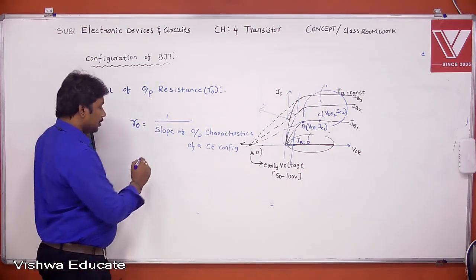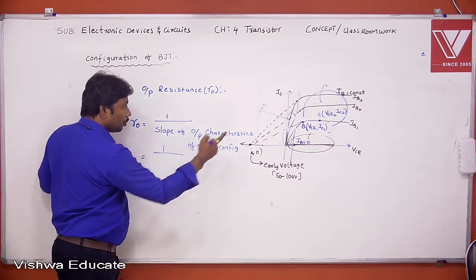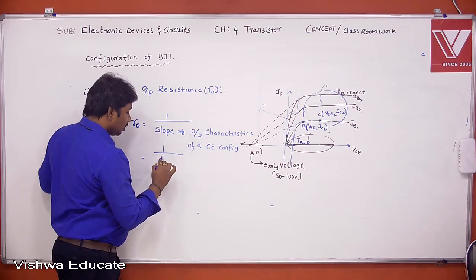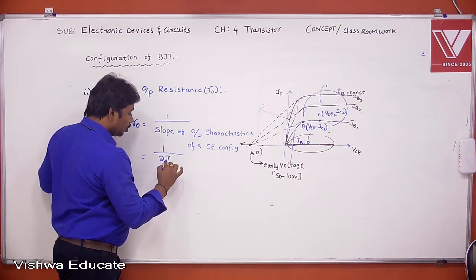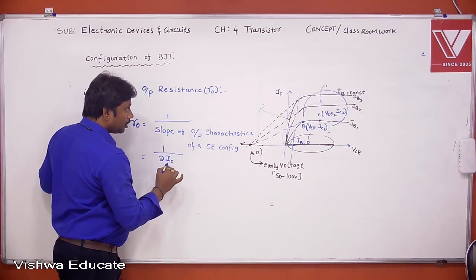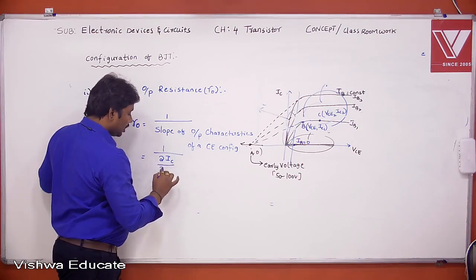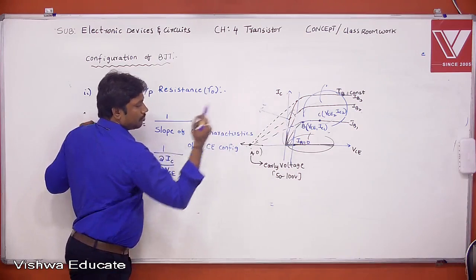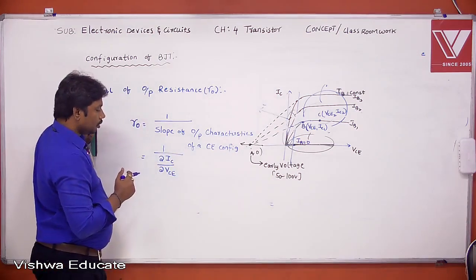Right? See here, what is the slope for this curve actually? That is dou IC by dou VC. Right? So dy by dx simply.